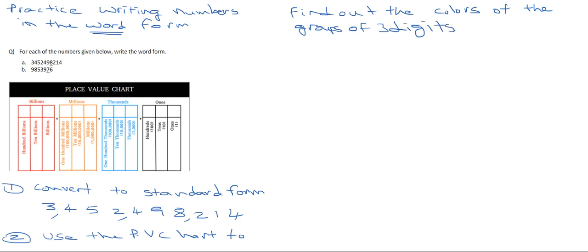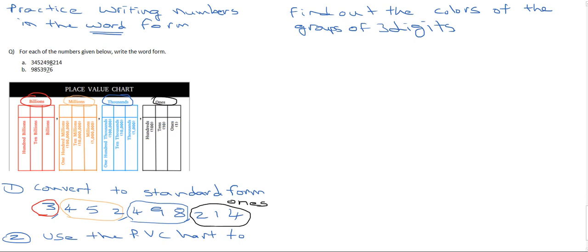Let's see, the first three are black color. They are called ones. Then the next three are thousands. Then the next three are millions. So those are the values. And lastly, we have one here in billions.